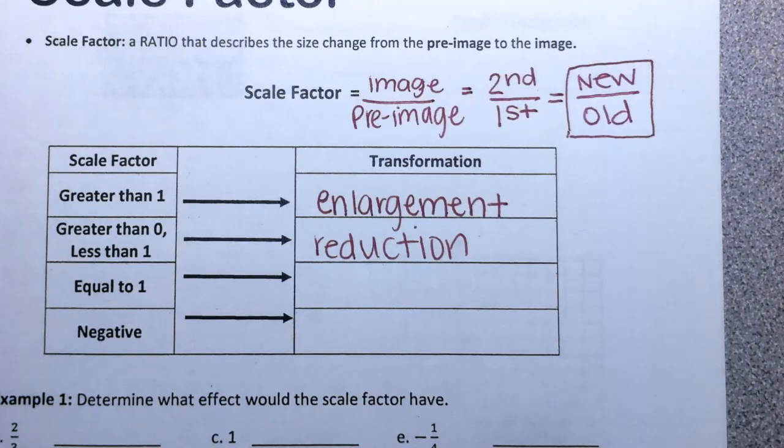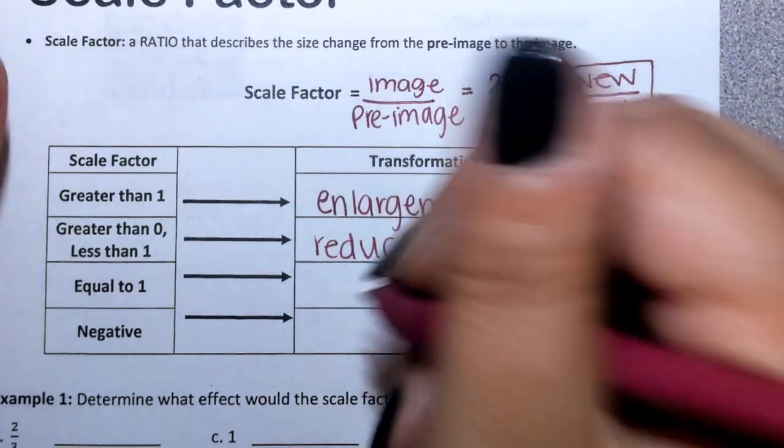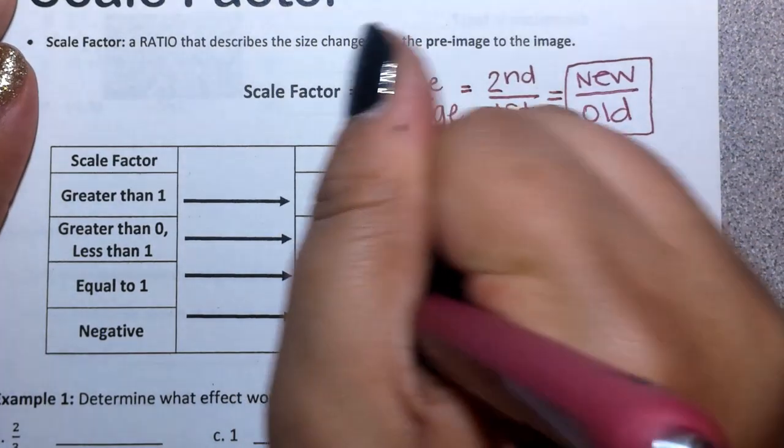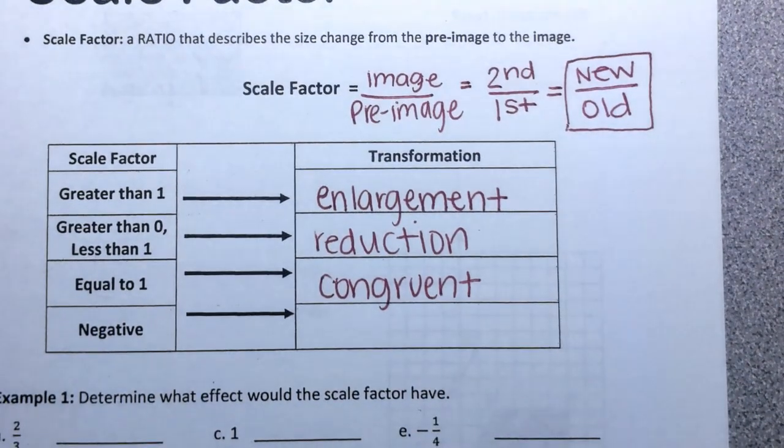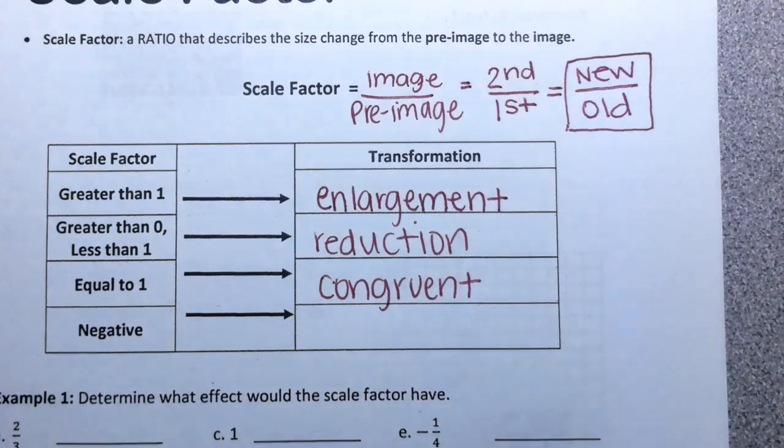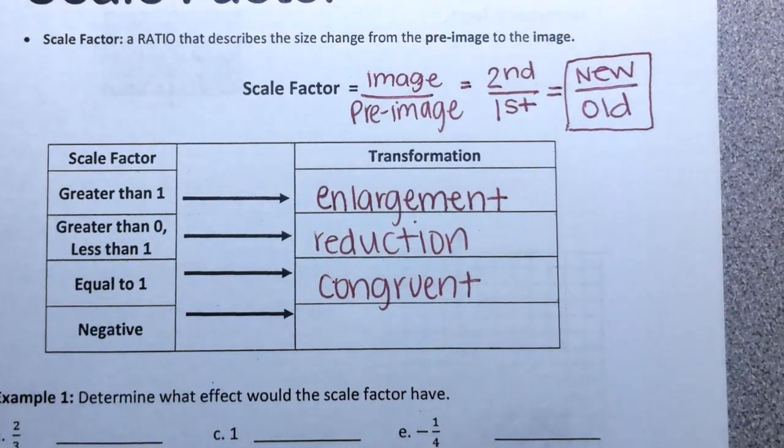Like, that's fine. What about if it's equal to 1? What if my scale factor is 1? Stays the same, which is congruent. If your scale factor is 1, multiplying by 1 keeps it exactly the same. Last but not least, a negative scale factor. A negative scale factor is going to actually do two things.